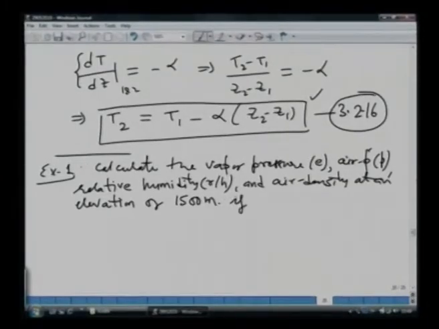If your P is equal to 101.0 kilopascals. All right.